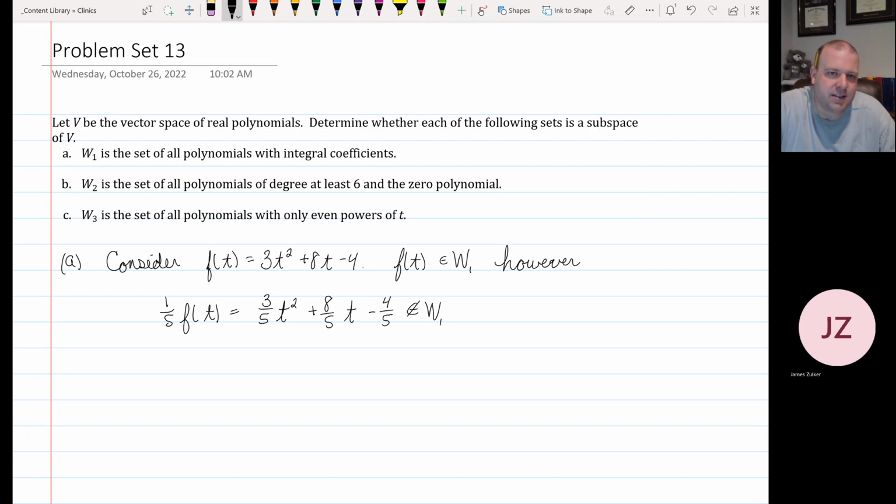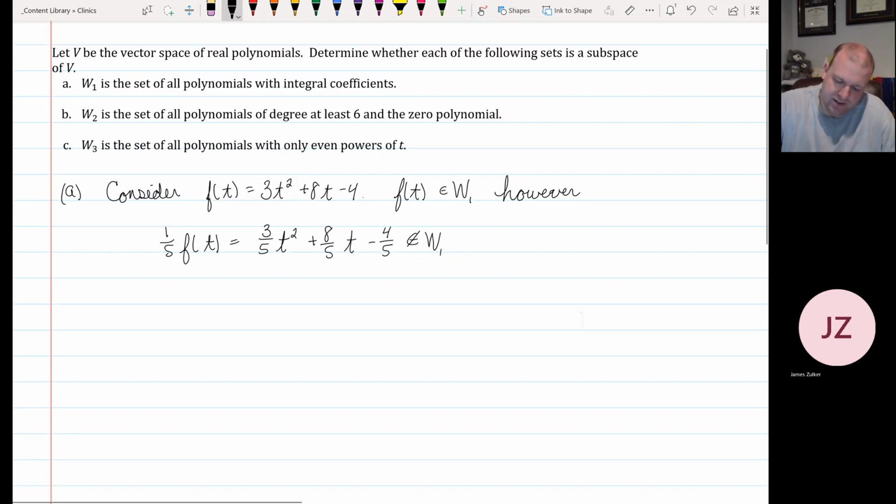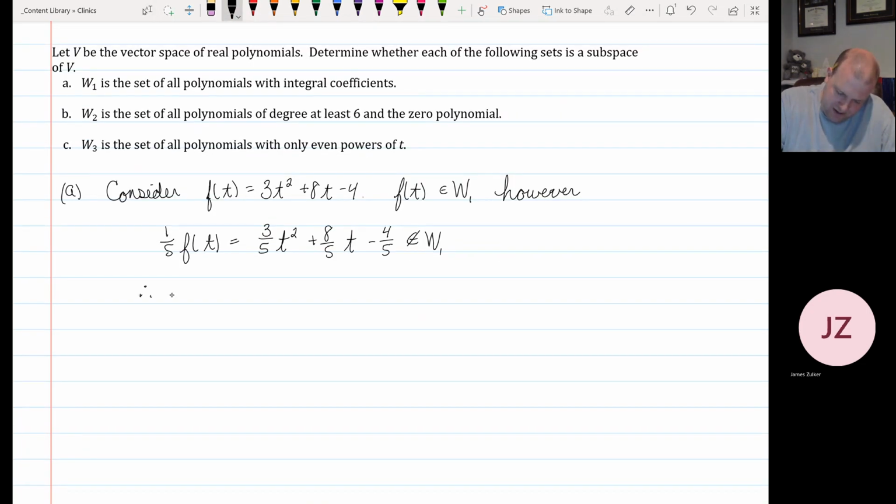Negative 4/5 is not an integer. But 1/5 is a real number. So we say that W1 is not a subspace of V.